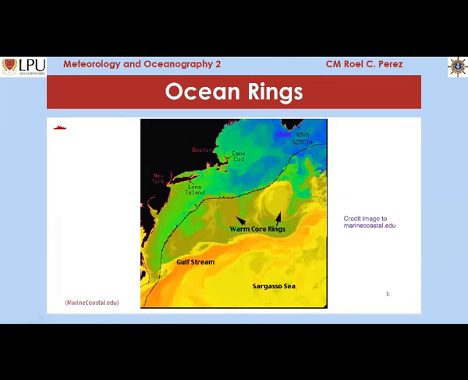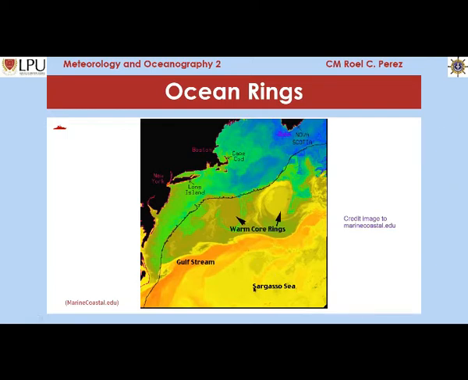Okay, so I borrowed an image from marinecoastal.edu. The black one is the island. So this is New York, Boston. The Gulf Stream is here, connecting to the North Atlantic current, and also to the Norwegian current later on in Europe.